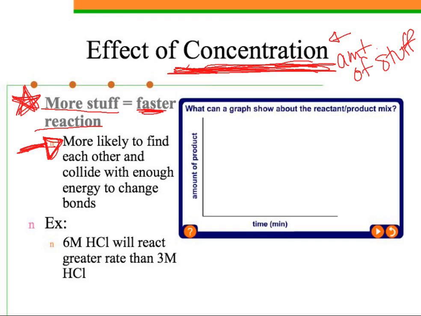An example with chemicals is that 6 molar hydrochloric acid reacts with a greater rate, reacts faster than 3 molar hydrochloric acid, because 6 molar hydrochloric acid is twice as concentrated. If we see a graph about a reaction happening, notice we've got time on our x-axis and amount of product on our y-axis.